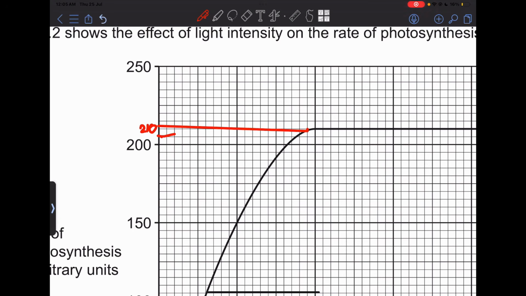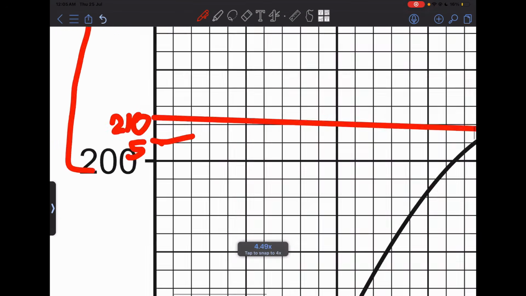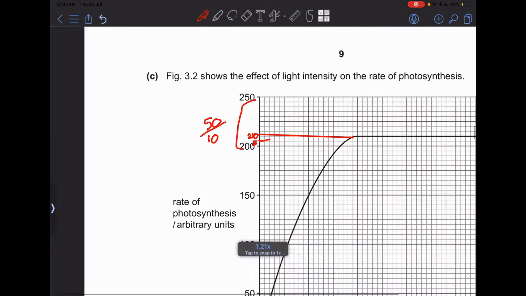Each block is 5, and it is divided over 10, so it moves 50. So we're going to divide 50 over 10 to get each block. So this is 210. Each block is 5, and there's 2, so this is 10. 210.